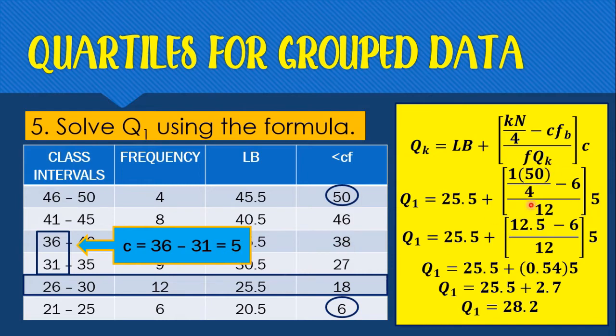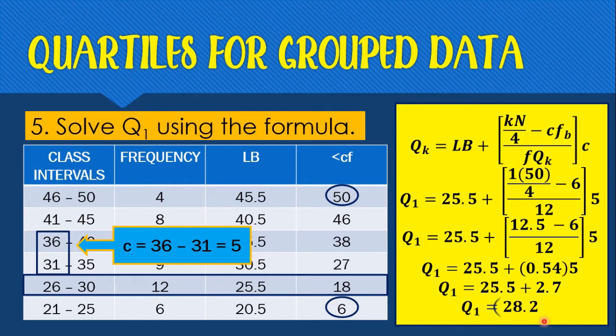Simplifying this, we'll start with the parenthesis or the grouping symbol. 1 times 50 divided by 4 is 12.5, minus 6, divided by 12 is equal to 0.54. Then multiplied by 5, that is equal to 2.7, and add to the lower boundary 25.5, our Q sub 1 or lower quartile value is 28.2.